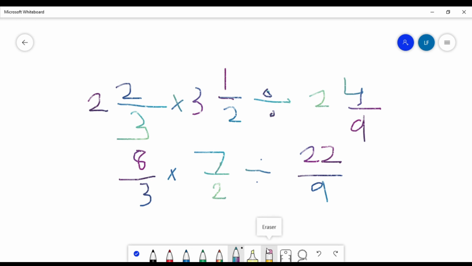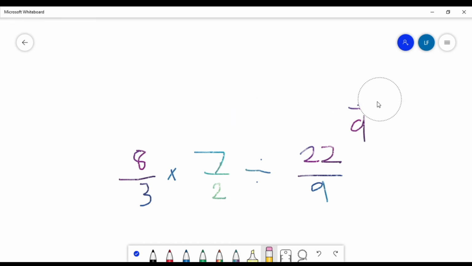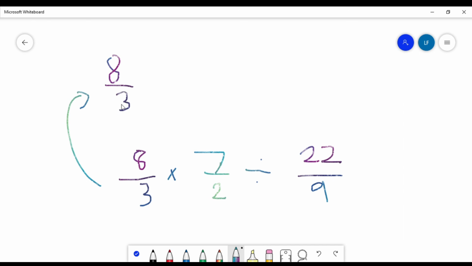Now since I do not have some space, I will be clearing this part off. I hope you don't mind, and I've already copied the question. So we'll be continuing this. Now what can we do? So 8 by 3 into 7 by 2.